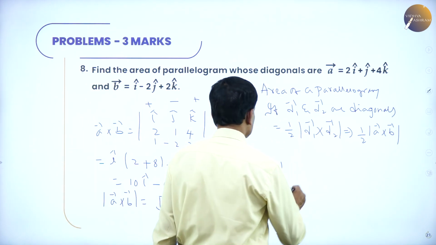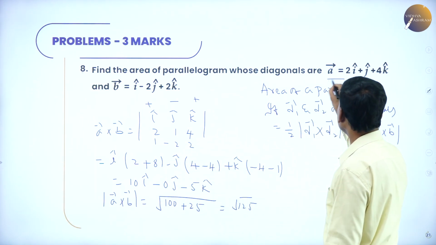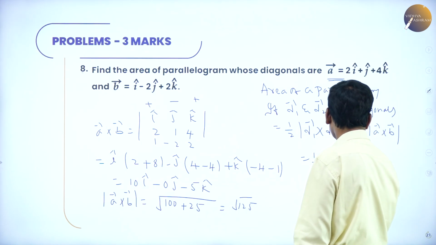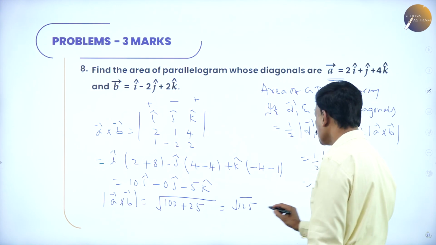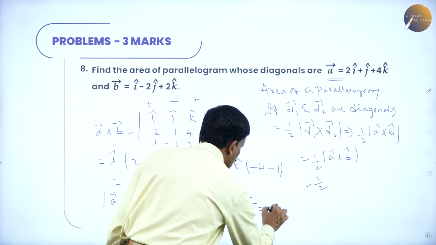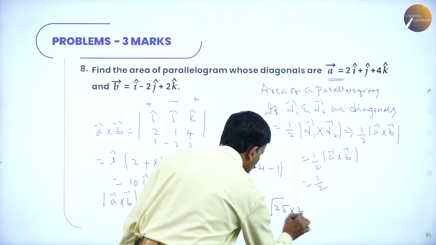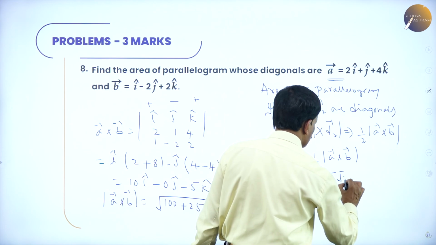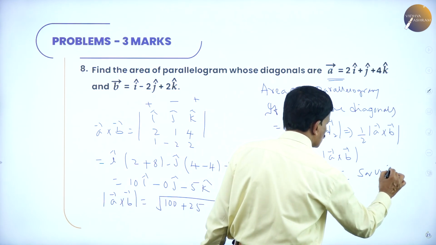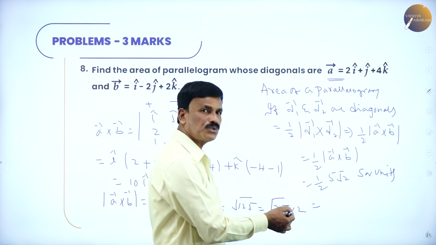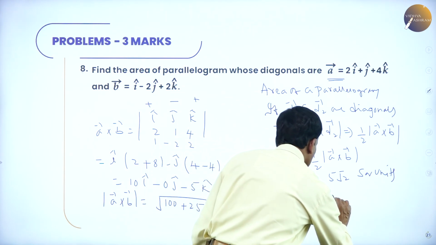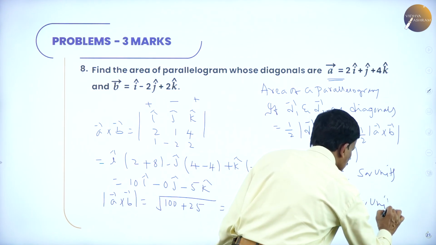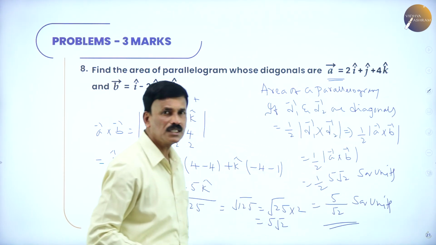So therefore, the area of the parallelogram where the diagonals are given is half into the length of A cross B. This is half into root of 125, which can also be written as 25 into 5, so this is 5 root 5... I mean, as stated, 5 root 2 square units, or if you want, 5 by root 2 square units. That's it. This is the required area.